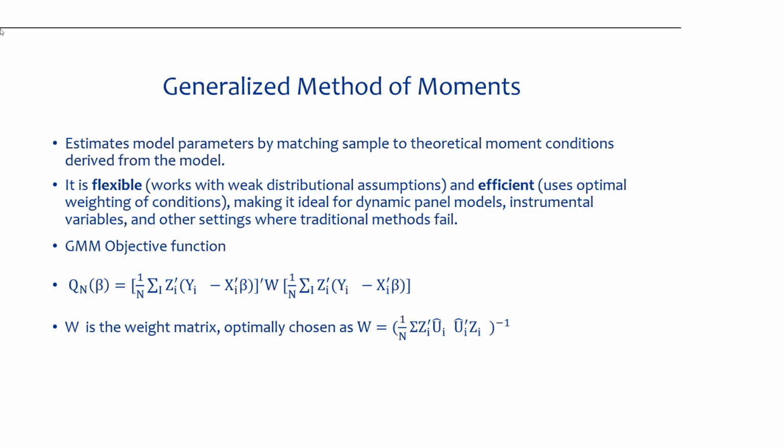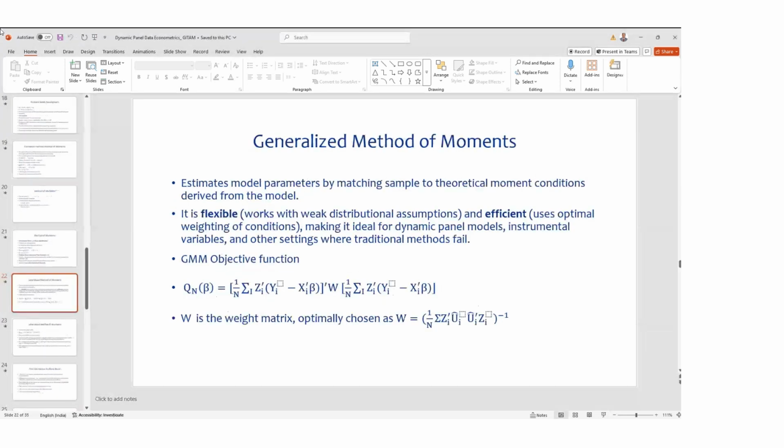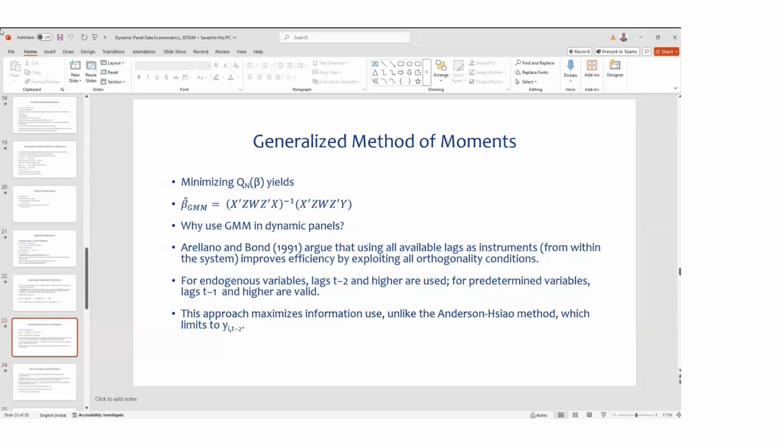Once you do that minimization, this is what you get. Your beta coefficient based on GMM looks like this.